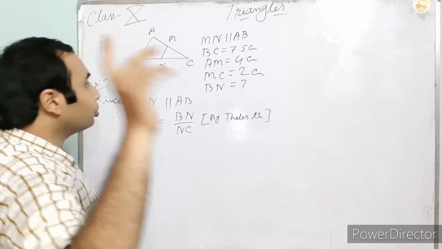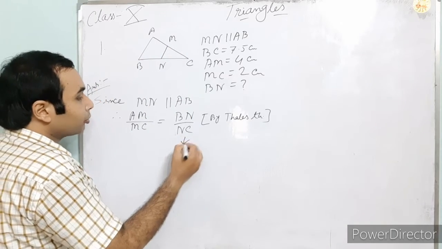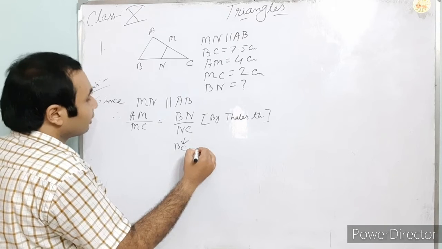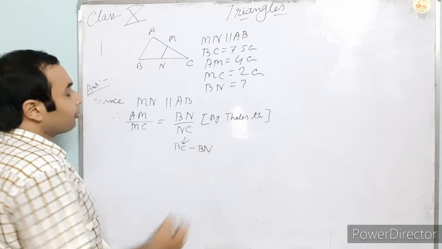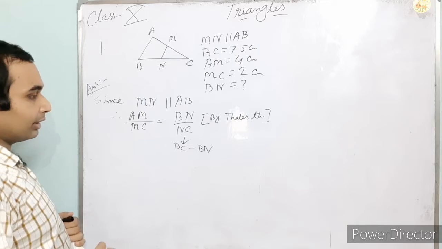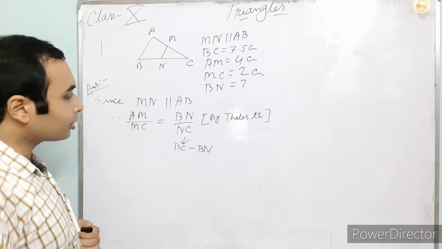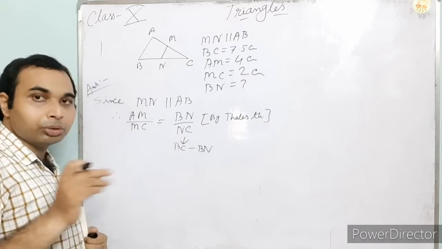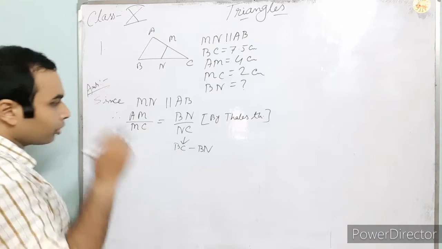We know NC will be BC minus BN. So by this logic we can write BC minus BN. Okay, let us do this.